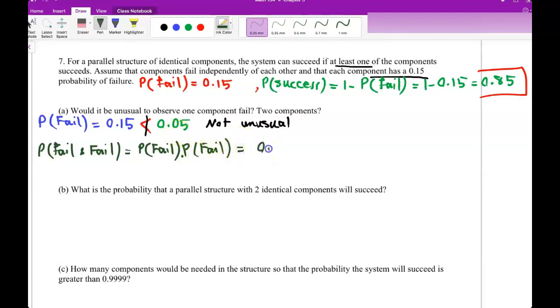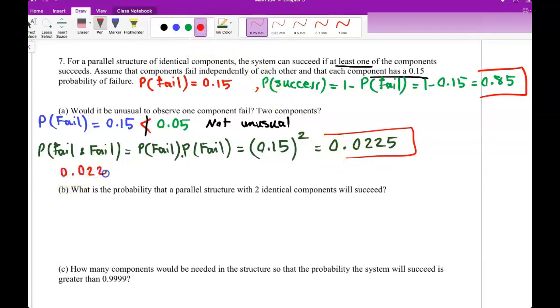We have 0.15 power 2, that is 0.0225. But this number is less than 5%. The answer for this part is yes. This is unusual.